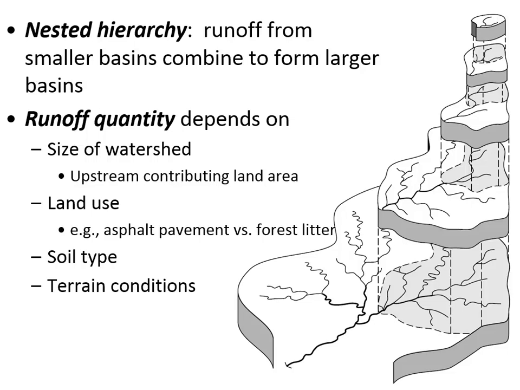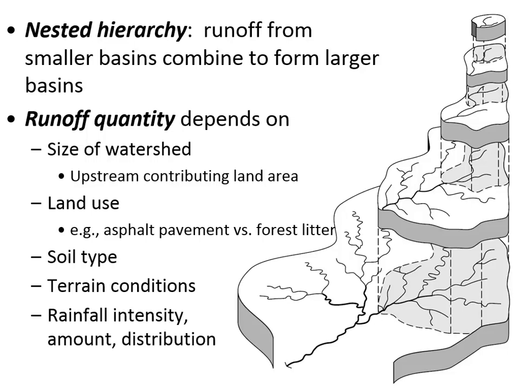Also, the conditions of the terrain based on the slope and the shape of a watershed. It's very long and narrow versus if it's more circular, that can have an impact on the runoff quantity and the peak flow rates that you see. And of course, precipitation amounts and duration also have a huge impact as well.